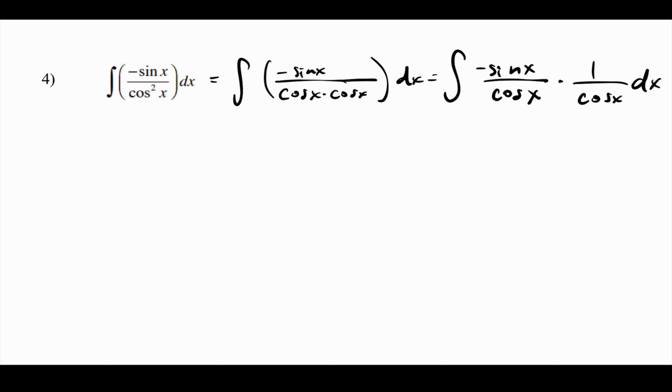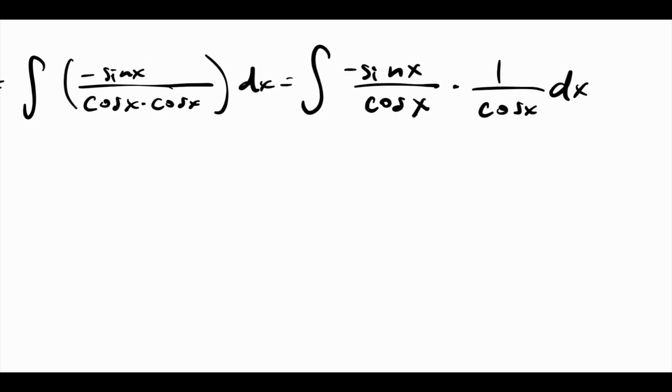The reason I did that is because what is the relationship between sine over cosine? It's tangent, right? So that negative there, you can move it to the front or you can leave it in there. I know sine divided by cosine is tangent.